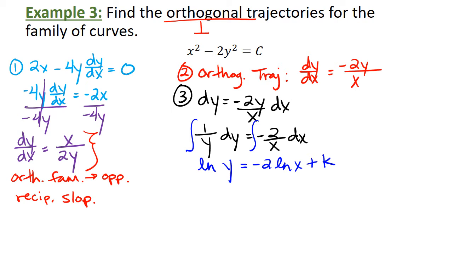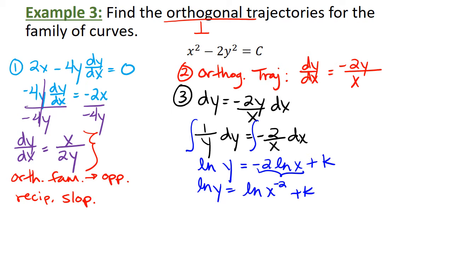basically exponentiating both sides. Now before I exponentiate both sides, I want to remind you of a property real quick. Recall this here can be written as the natural log of x to the power of negative 2, because by rules or properties of logarithms, you can take the exponent and move it down in front.